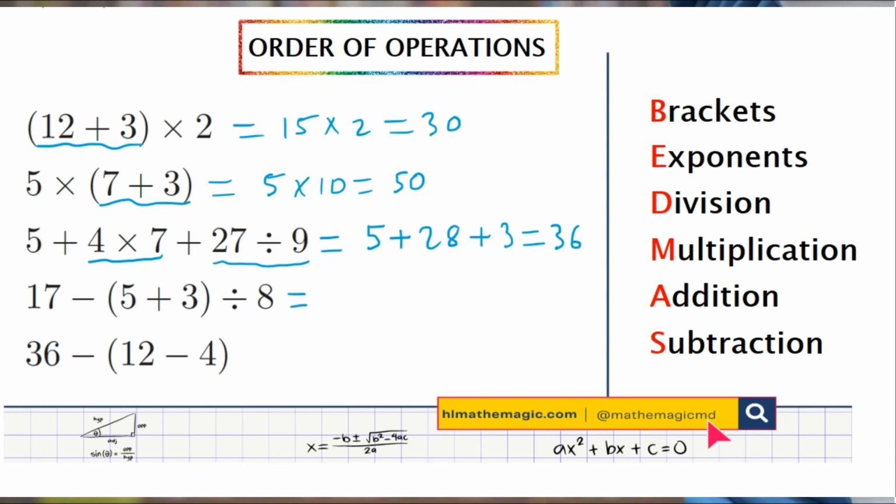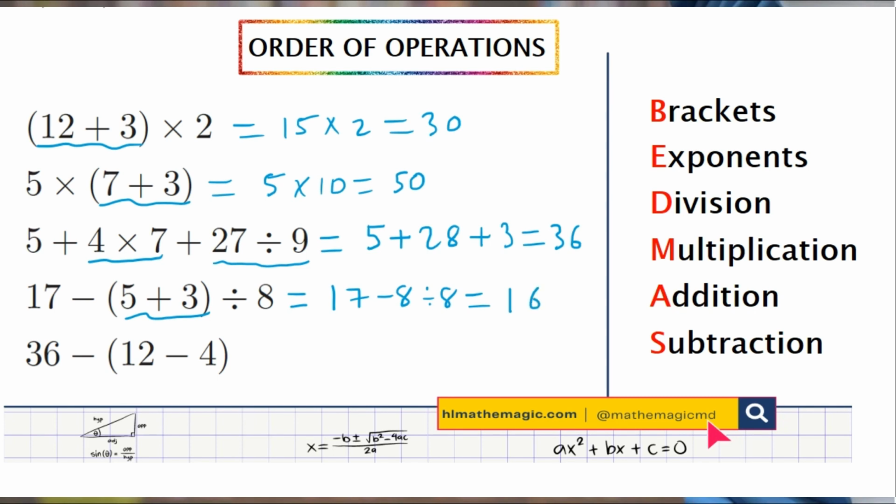Last 2 questions. So it's important to do the bracket first here, which is going to give you 8. So we can say it's 17 minus 8 divided by 8. And 8 divided by 8 is going to go first here, which is going to give you a 1. So you end up with 17 minus 1, which is 16.